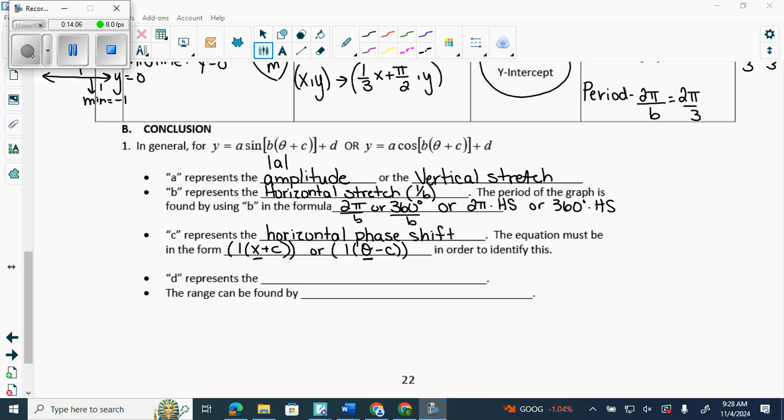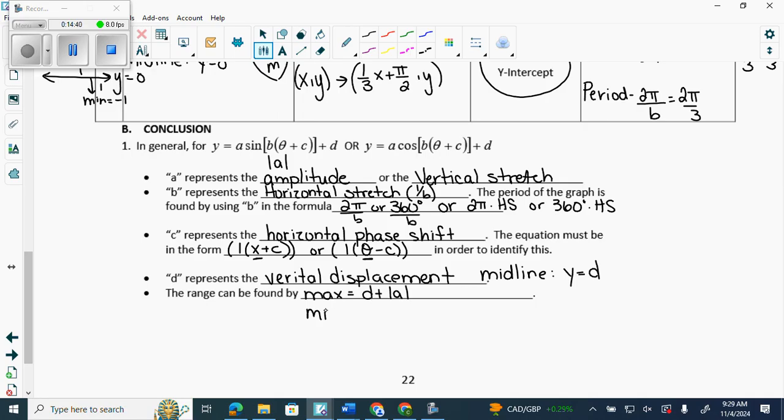Okay, what does D represent? The midline, or in this case, the vertical displacement. Or we could say midline, y equals d. And the range can be found by doing what? Your maximum, which would be d plus amplitude, or absolute value of a.